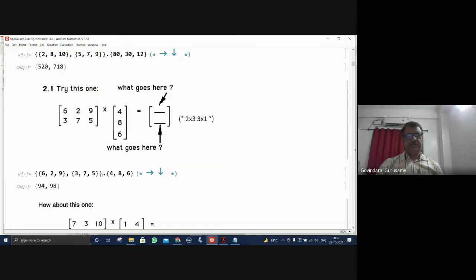I just use it here. You can see it can be taken as it is and then multiplied with the dot of 486. Do you see how I'm writing it? As it is, right? So you can see this 2 by 3, this one 3 by 1. So what do you get? 2 by 1, you should get.